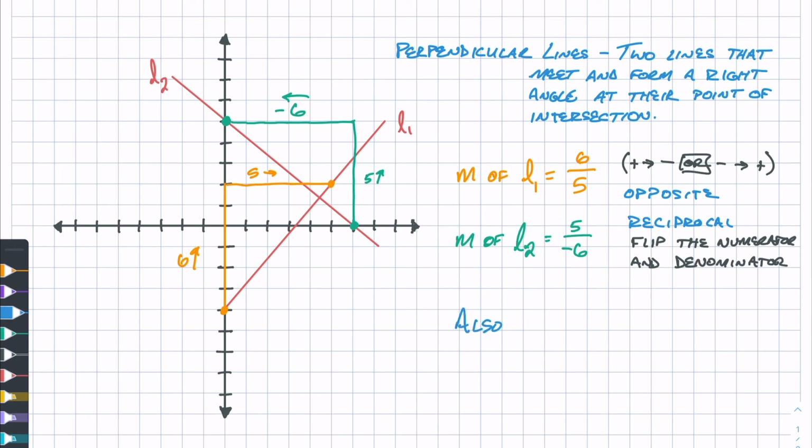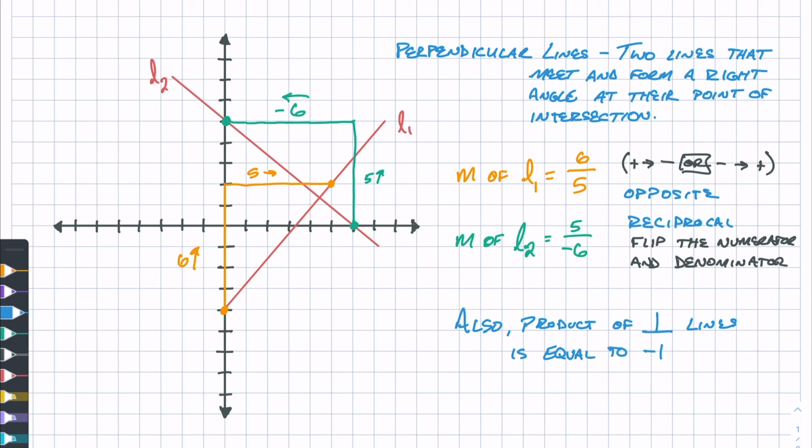Also, this is the symbol that we use for perpendicular lines. The product of the slopes of perpendicular lines is equal to -1.